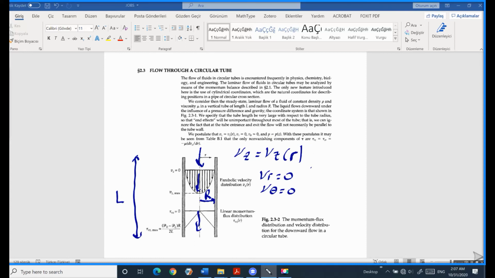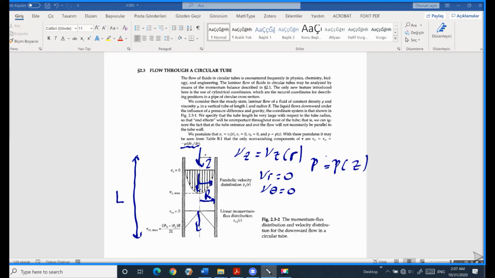So the pressure is only a function of Z, as the problem gives. Another important component: the viscous forces for the Z direction, perpendicular to R, and the viscous forces in the R direction, perpendicular to Z, are equal to that relation.